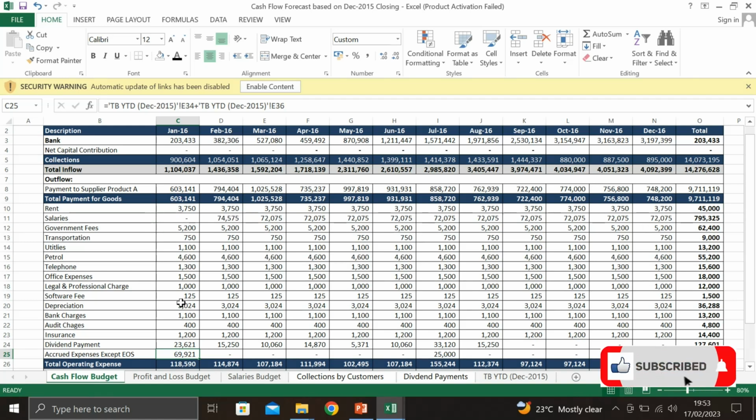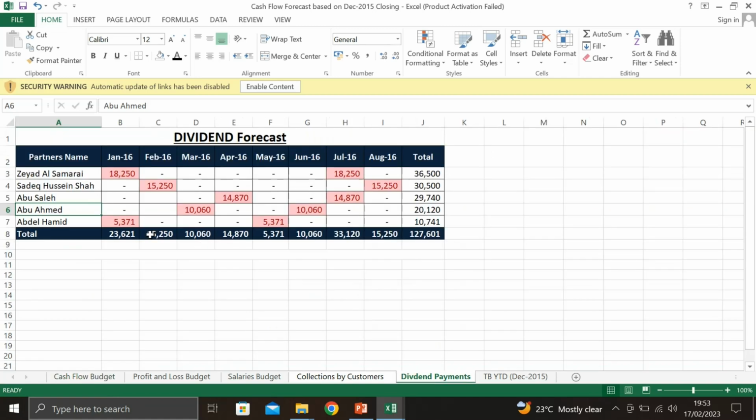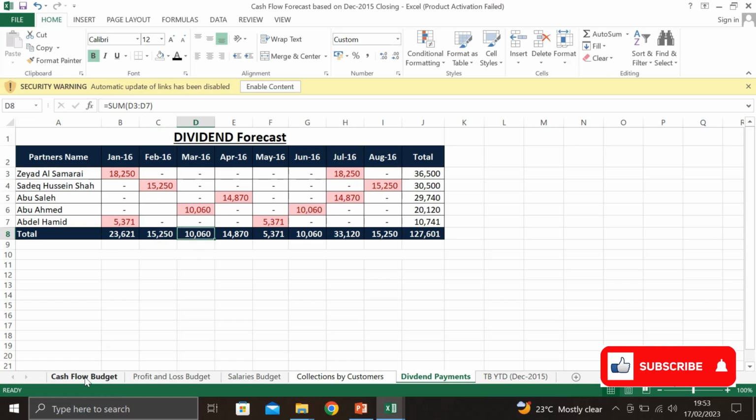And secondly, the dividend payments also, I showed you that we made the forecast after discussing with our manager. These are the partners, and each month we will give this as per our trial balance, 127,000. Like this we will issue the checks in each month. So this also we have forecasted here.